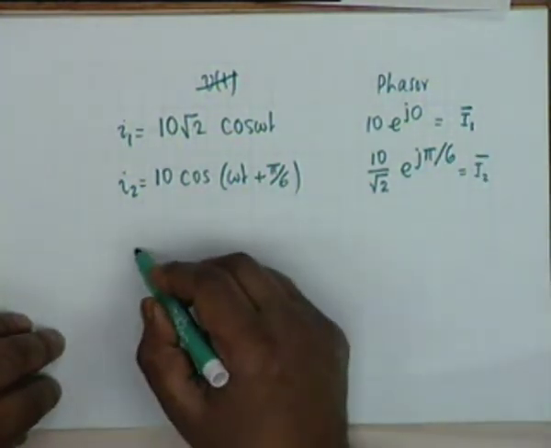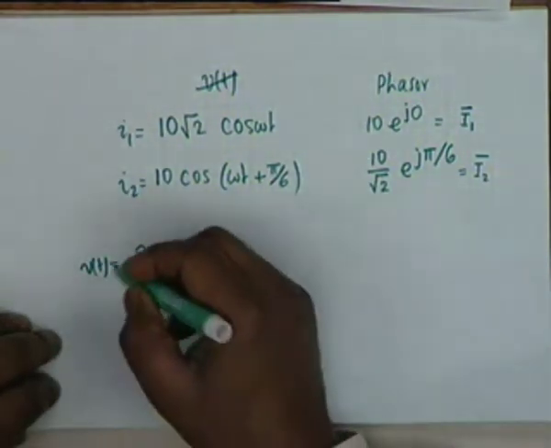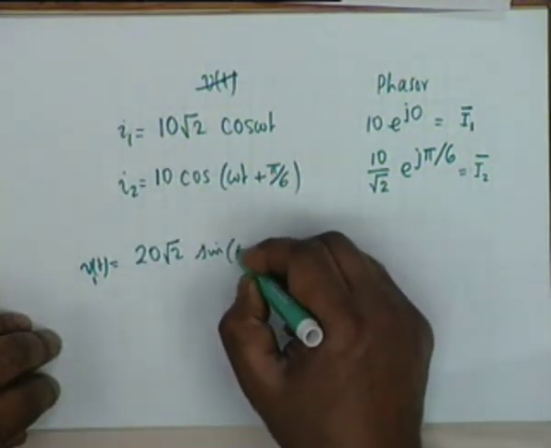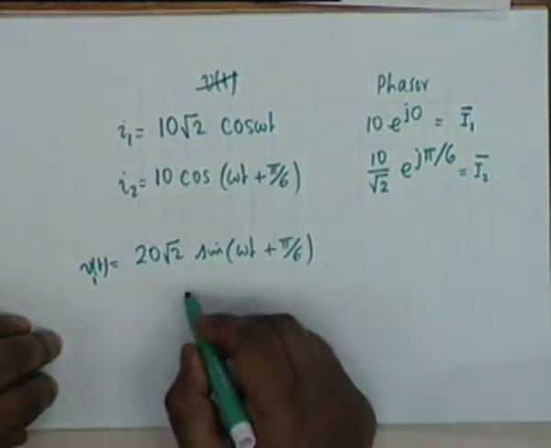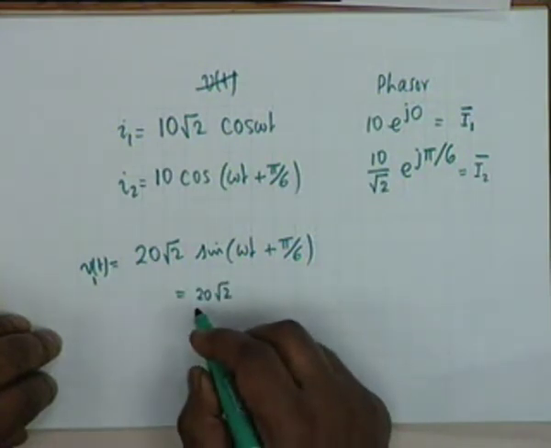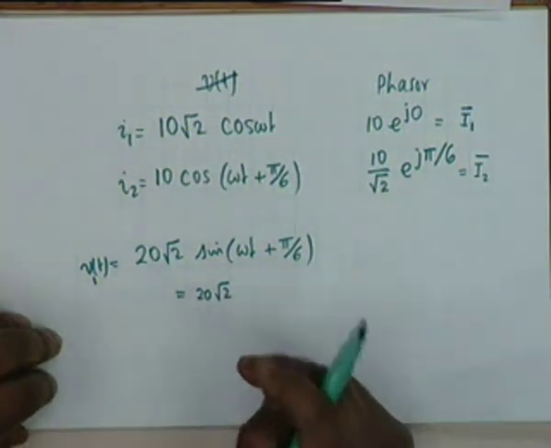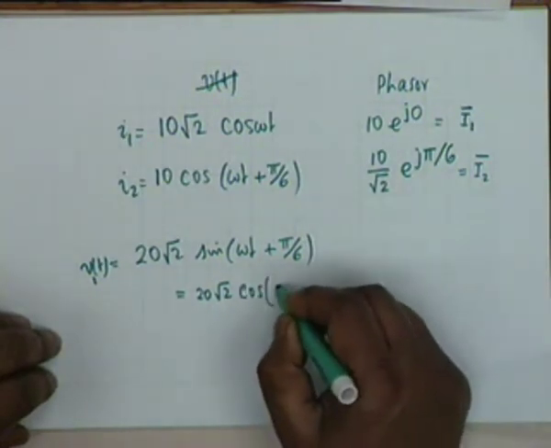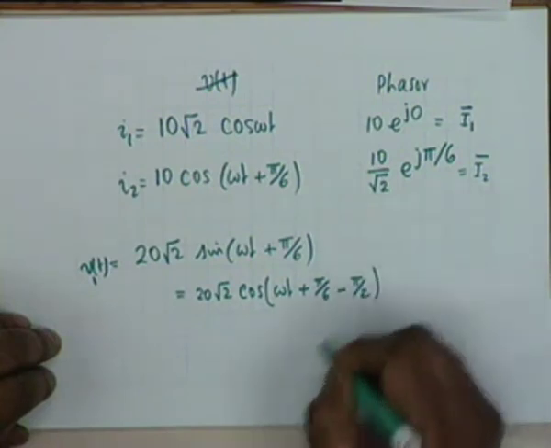Suppose I had 20 root 2, let's say this is a voltage V_1(t), 20 root 2 sine(omega t plus pi by 6). Now sine can be written in terms of cosine by subtracting 90 degrees. Cosine of (90 minus theta) is equal to sine theta. Therefore I could write this as omega t plus pi by 6 minus pi by 2.